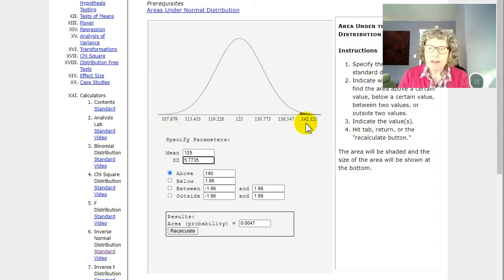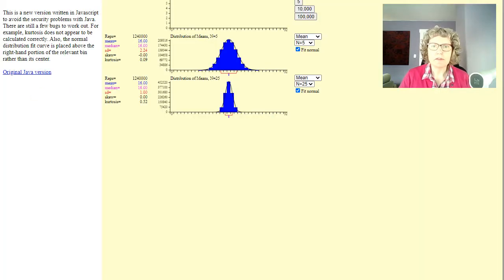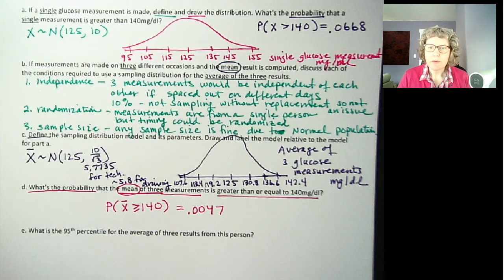And then we have our new probability is 0.0047. Whoops, that's the right window. Okay, so notice how it got smaller because 140, let me shade our original one.